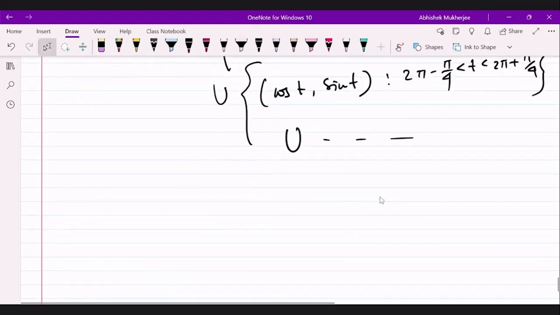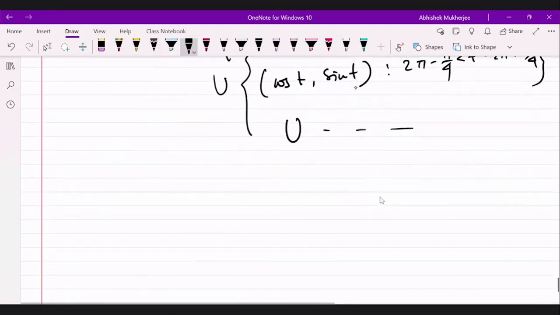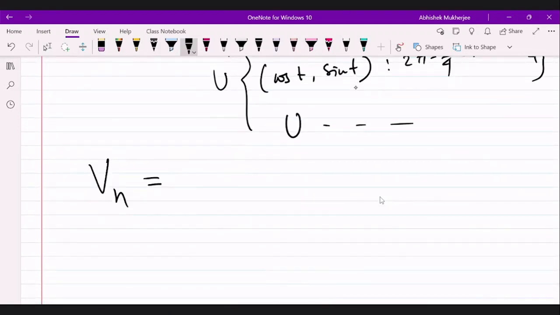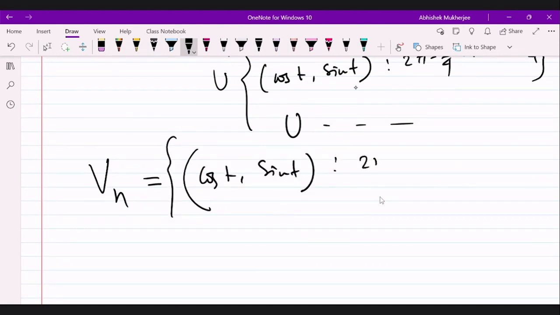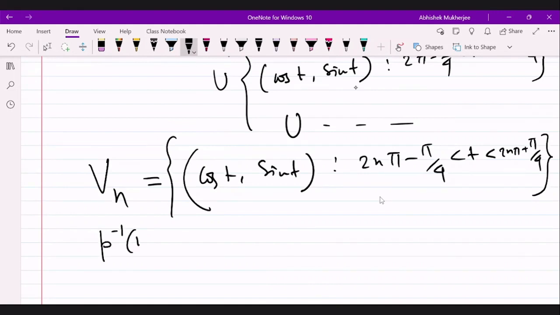In general, you can take this Vn as cos t, sin t, with 2n pi minus pi by 4 less than t less than 2n pi plus pi by 4. Yes, okay, and this P inverse U is the union of the Vn. The Vn's are pairwise disjoint.